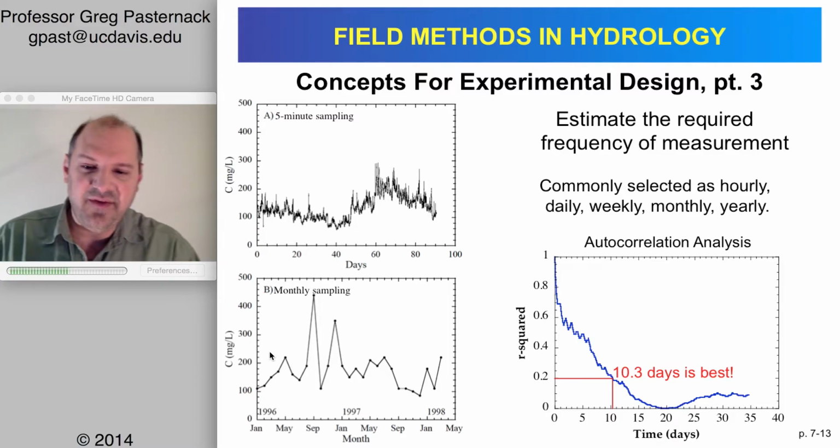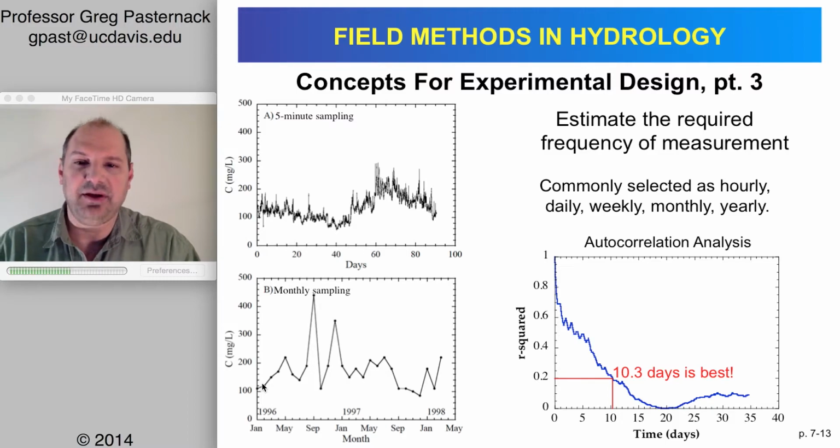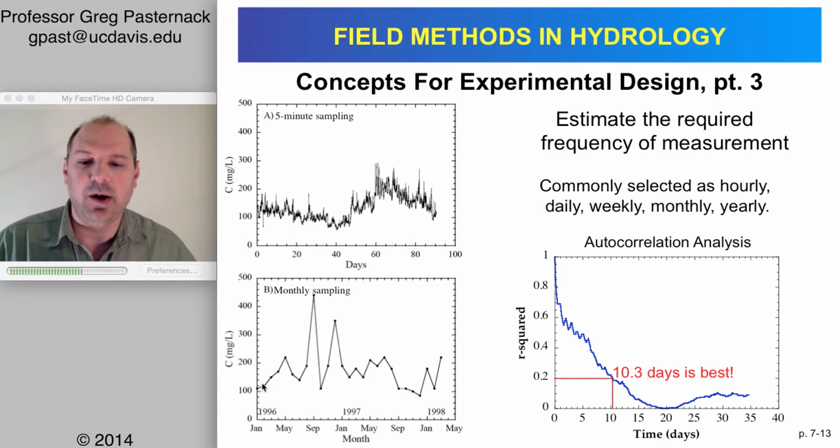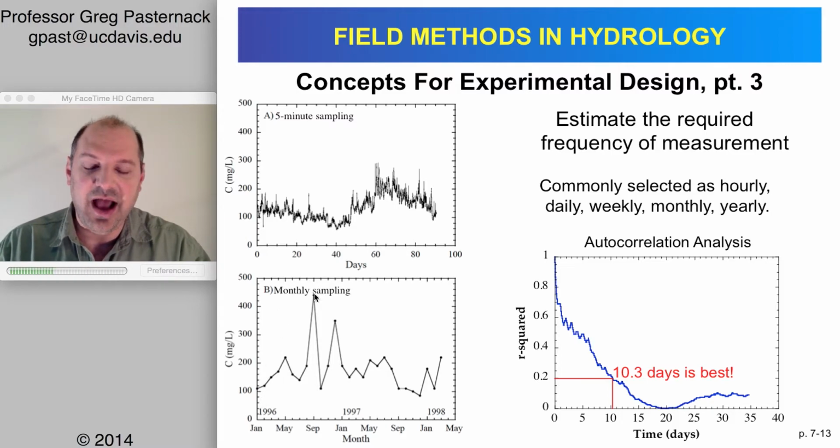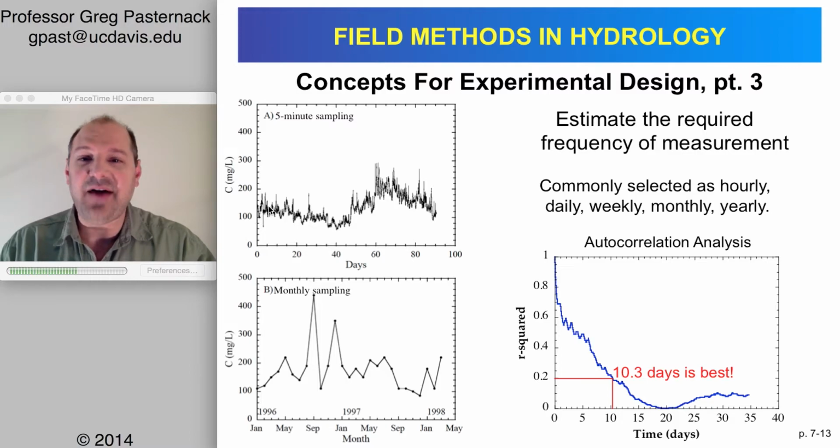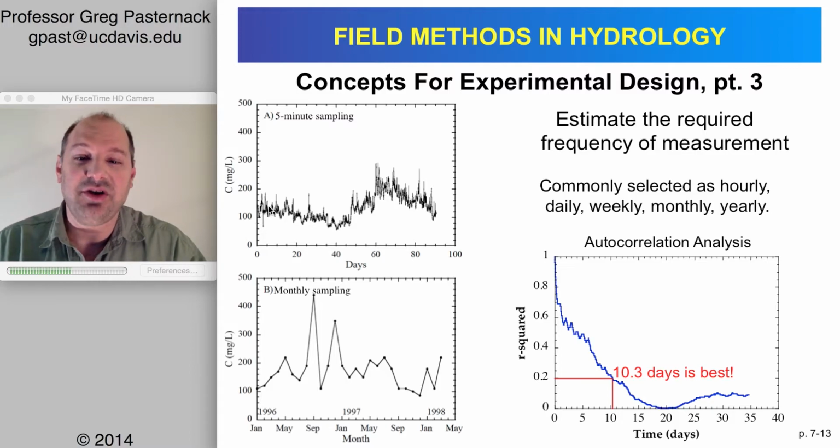On the other hand, if I take monthly sampling data, so one sample taken once a month over a few years, I don't see all of that noise, but I actually have a fairly similar range. I don't get quite as low, and I get somewhat higher with one or two samples. But what I see out of this is 5-minute sampling, probably more than you need.